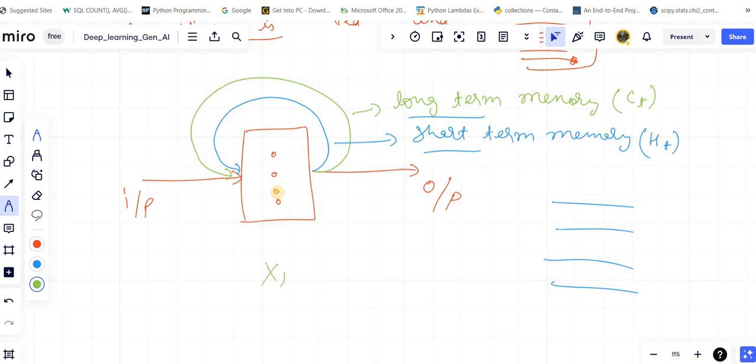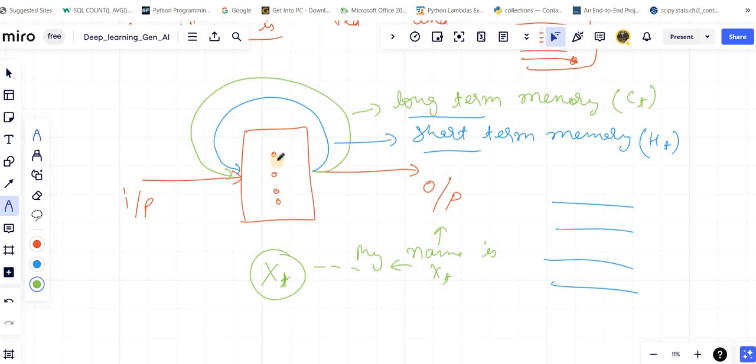And wherever I write XT, that means the word input at that specific time. So when I'm saying my name is, when I talk about the word name going in, this is the XT at time t, which word is going. Okay, so this is out and this is the previous one and so on.